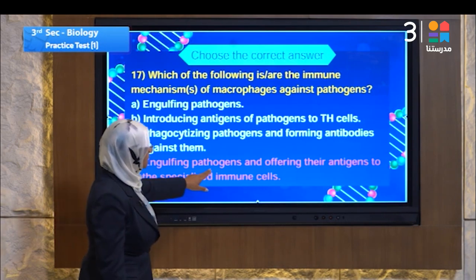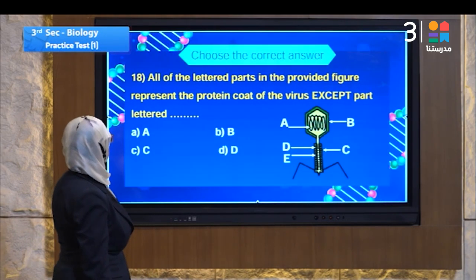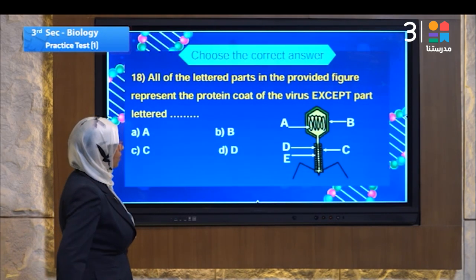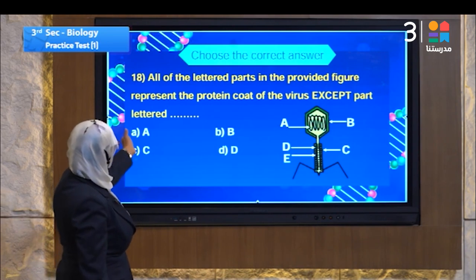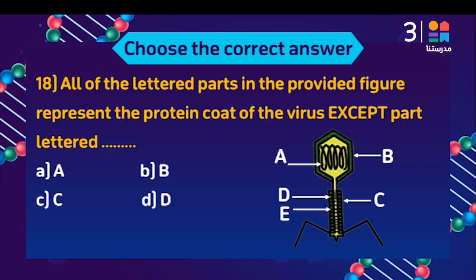Let's go to 18. 18 speaks about macrophage. Let's read the question. All of the lettered parts in the provided figure, A, B, C, D, E, represent the protein coat of the virus except part letter.